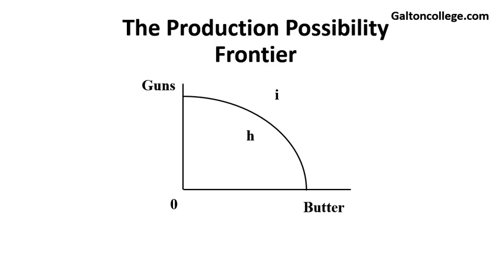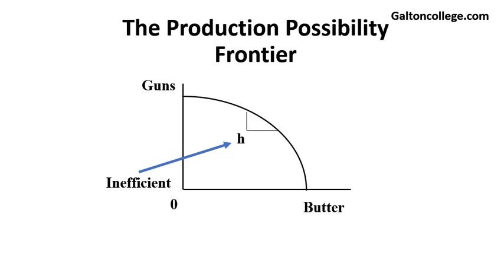If we consider two points here, the point H and the point I, point H is achievable, but as we'll see, point I is not. We don't have the resources to get to the point I. But H is doable. That's an expression we often use in economics, doable. I'm not too sure about its grammatical correctness. If we take H, the first thing we can say about H is that it's inefficient because it's inside the frontier.